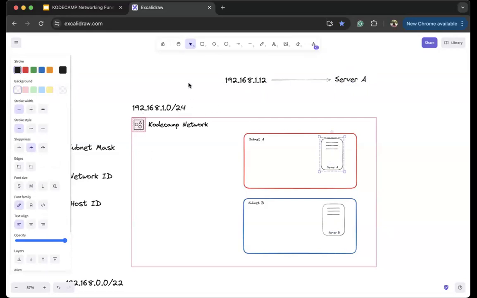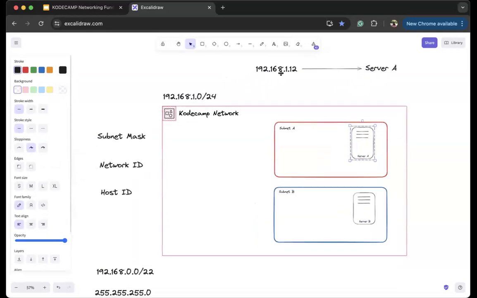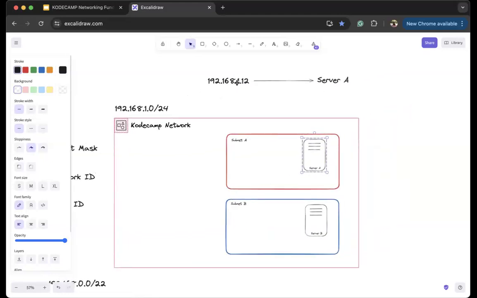We have 192.168.1.0/24. This IP has a network portion, for instance, which tells us the particular network it belongs to. It has a host portion, which will now tell us the particular host that owns this IP address.